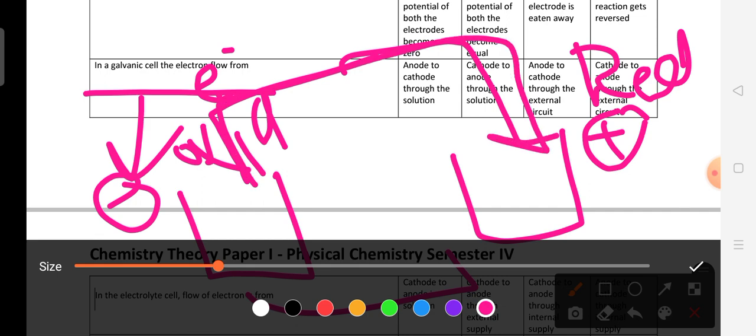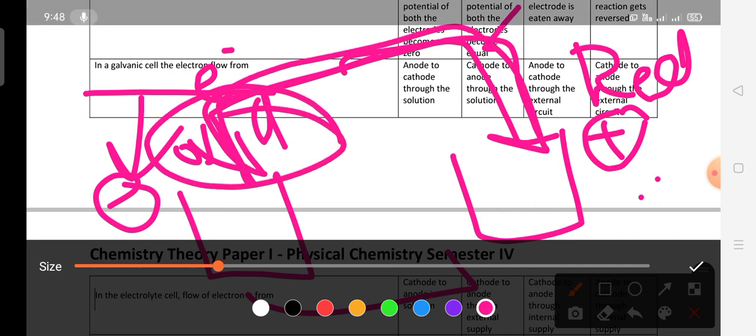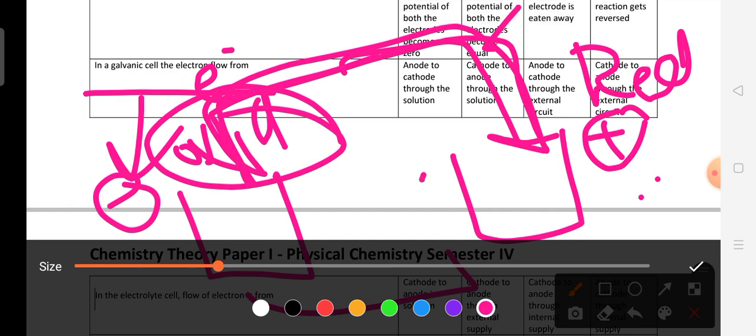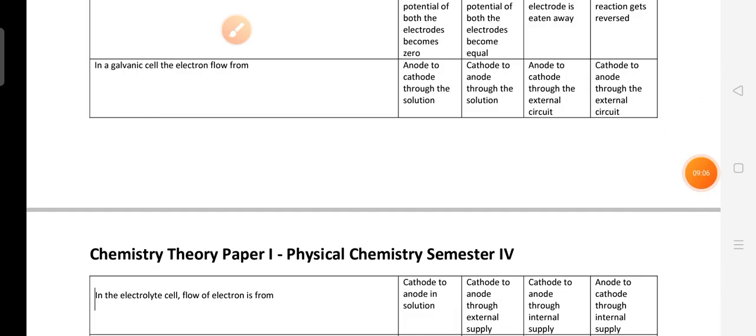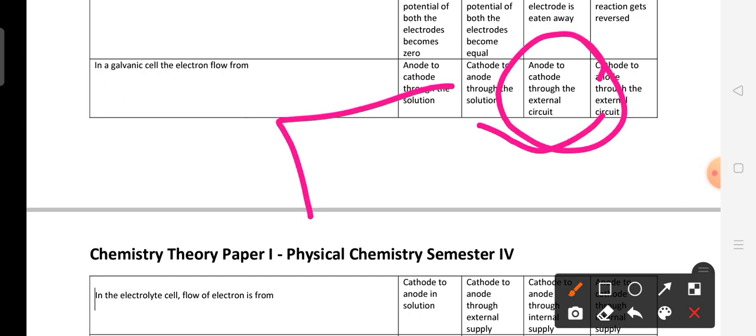That means electrons flow from the anode to the cathode through the external circuit. So the answer to that question is option number 4, that is anode to cathode through the external circuit. This is the external circuit.